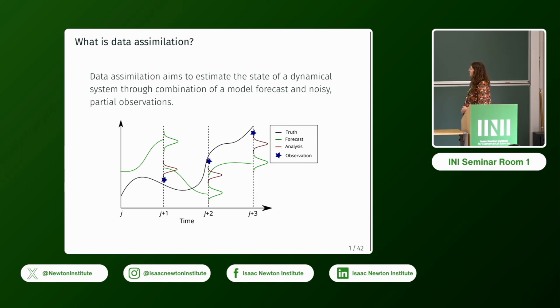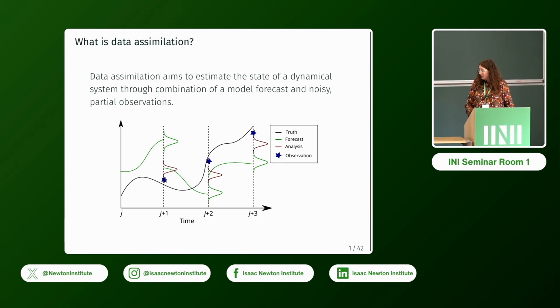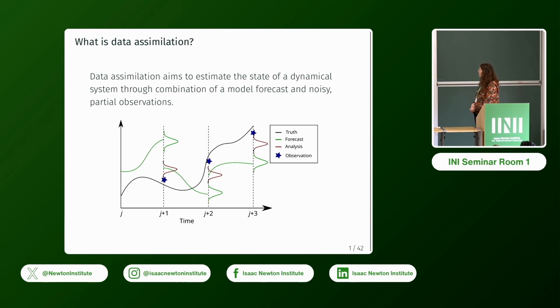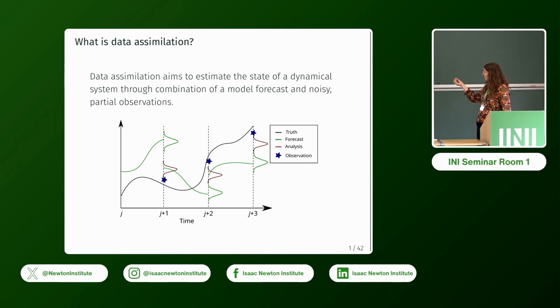I drew it as a Gaussian, but in general it will be non-Gaussian. At fixed points in time, observations come in, and we want to combine them with our forecast. We treat the forecast as a prior, and use an observation likelihood to combine it into what's called an analysis in the data assimilation literature.